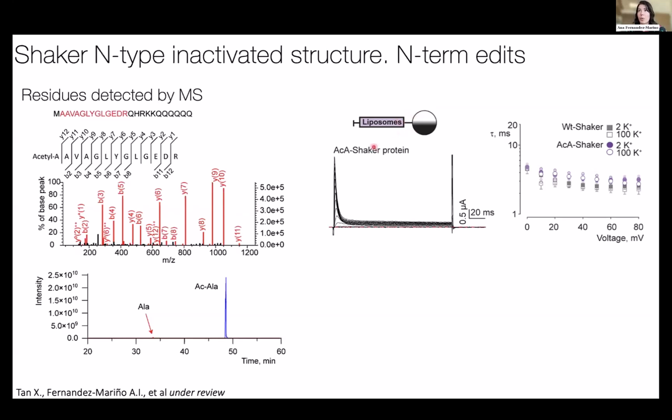And I was very shocked, but it worked. And what you are looking at here are the currents that I recorded from these oocytes injected with liposomes containing the acetylated alanine Shaker protein.